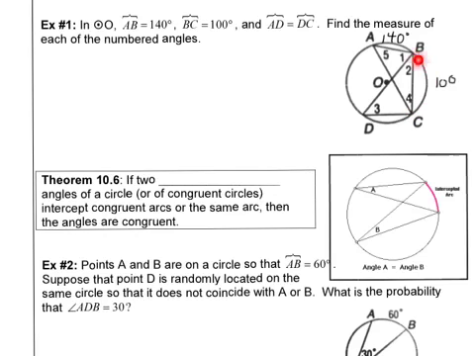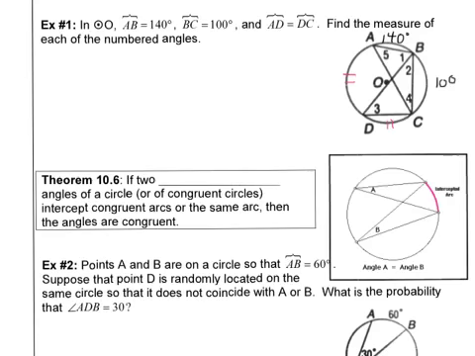How is it 140 and 100? Remember, nothing is drawn to scale here, and a lot of times in geometry things are not going to be drawn to scale, and we have to trust the numbers, not the drawing. Okay, then it says arc AD is congruent to arc DC. It says find the measure of each of the numbered angles.